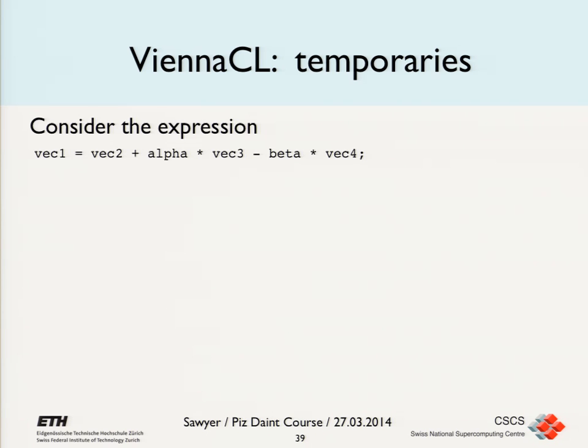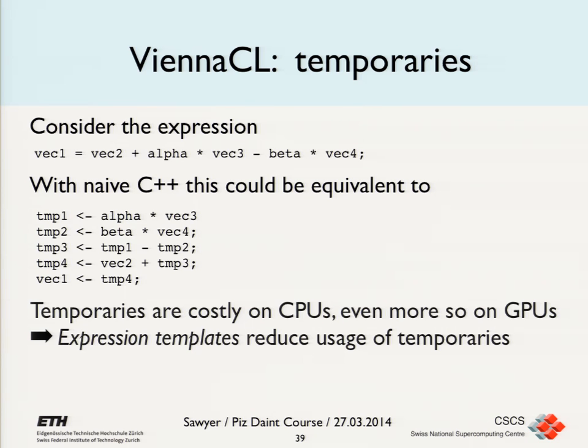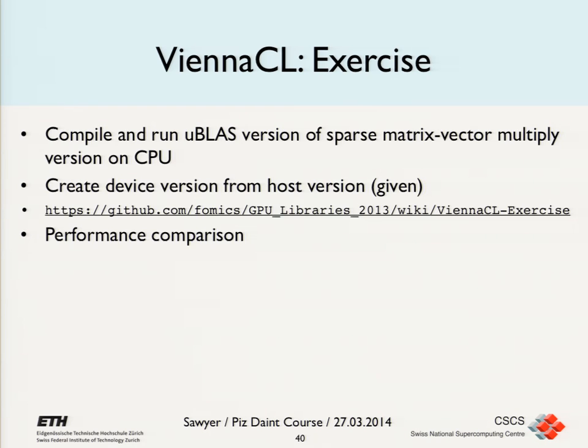It could be very inefficient. Well, there's a mechanism called expression templates, which will minimize the effect of these temporaries and hopefully do it in the most efficient way. Therefore, you can expect ViennaCL, even though it's a template library, to perform fairly well. It's also a concept used in other libraries.